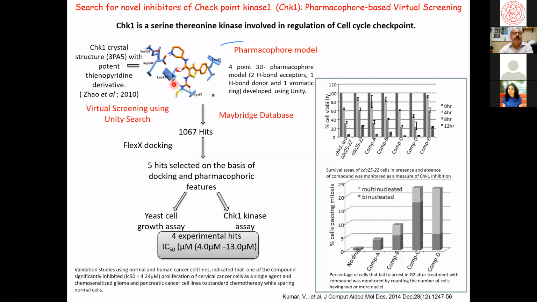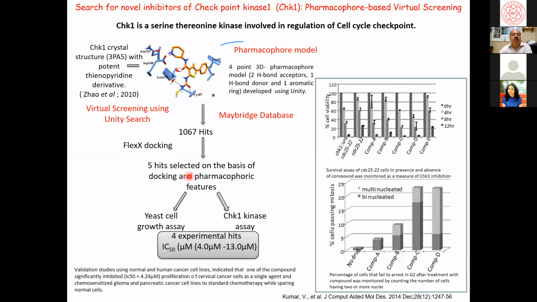The special features of the molecule were extracted and used to develop a 4-point 3D pharmacophore model having two hydrogen bond acceptors, donors, and an aromatic ring, developed by Unity and Sybil. This was screened against the Maybridge database.